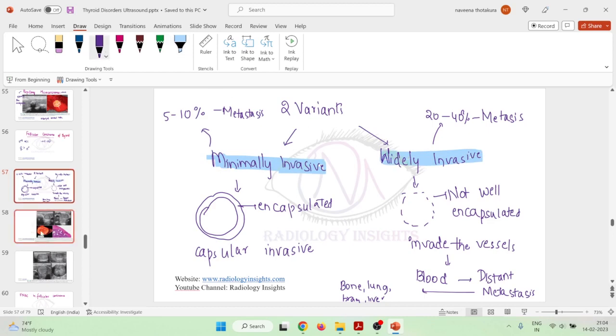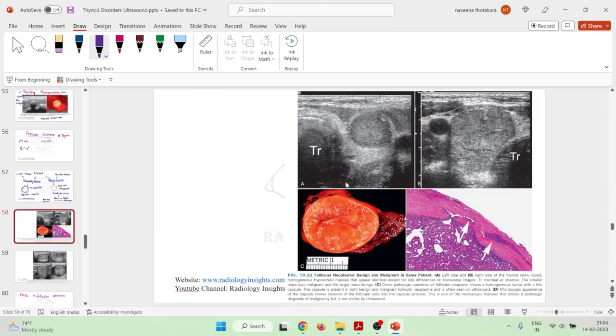Then, in the diagnosis of follicular neoplasm, you will see a hypoechoic nodule, and it is seen in both these cases. You will see bigger hypoechoic nodules.